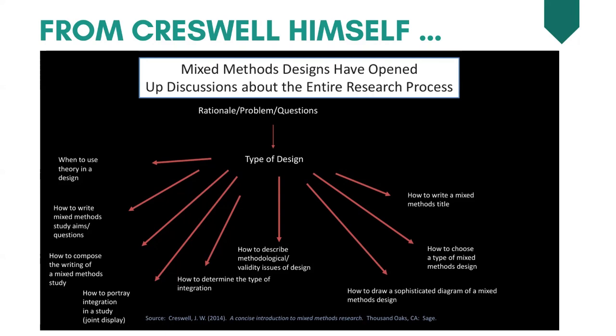Then it has questions, how do I choose a type of mixed methods design? And I want to say the answer is easy, it's intuition. But at the end of the day, it's us knowing what we want at the end, what data we need to get that, how that data will contribute to other aspects, and then how do I get that data as a researcher? So it's working backwards from the end goal and trying to think, who are all the stakeholders?